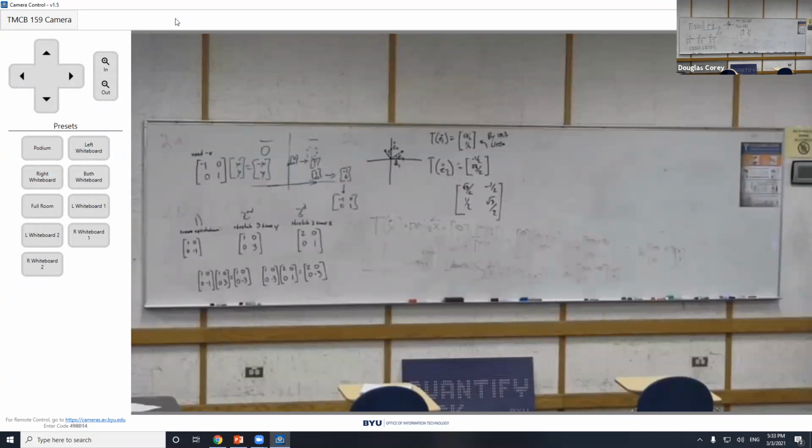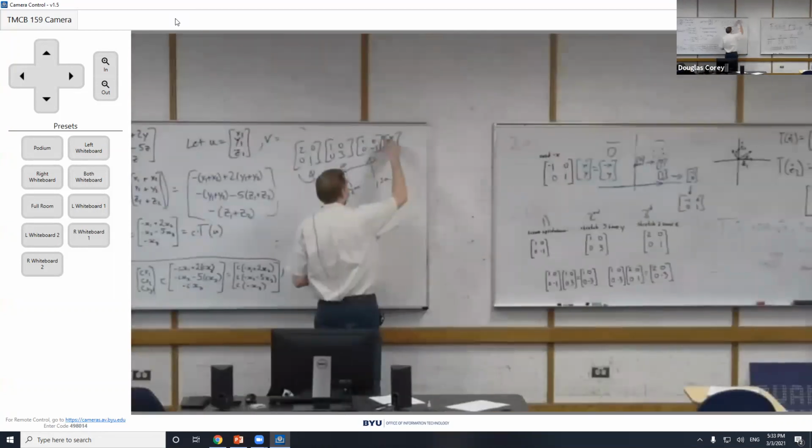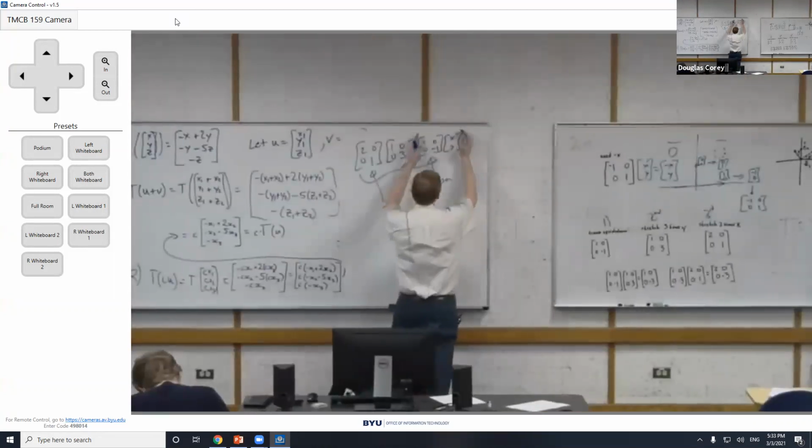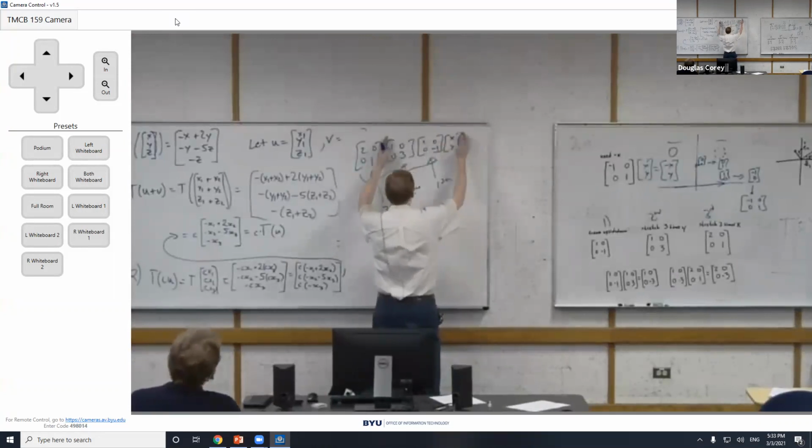So this is the order that it would go in. This is my first one. This is my second transformation. This is my third. Now in this case, you do get the same thing, so it doesn't matter in this particular one. But that can seem backwards to us because we're used to reading left to right. But since we're doing right multiplication, the vector we start with is on this side. So this needs to be next to this, which is next to this, which is next to this.